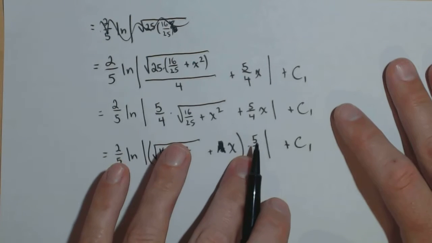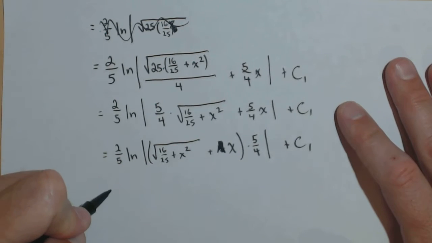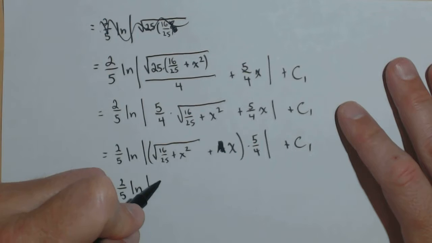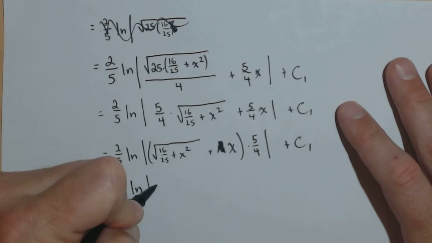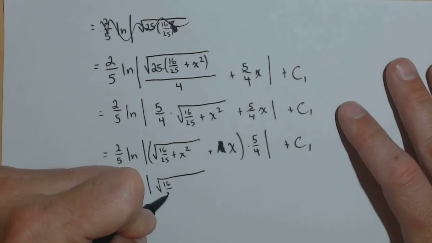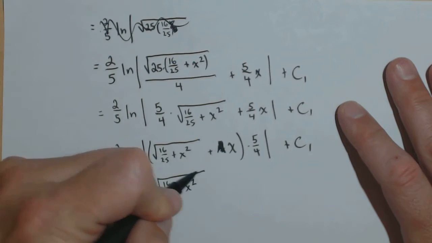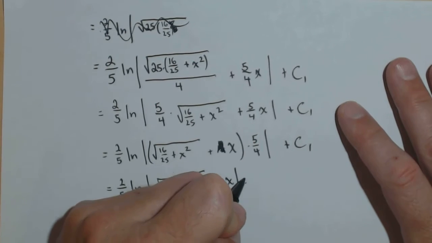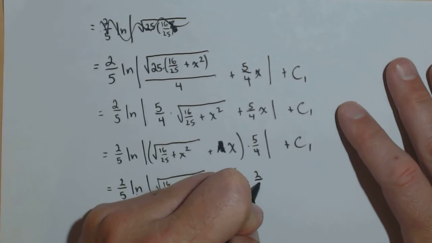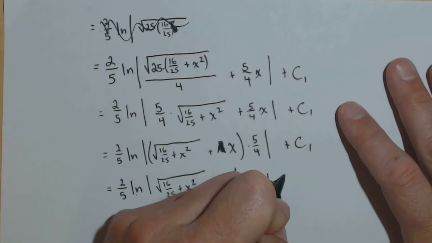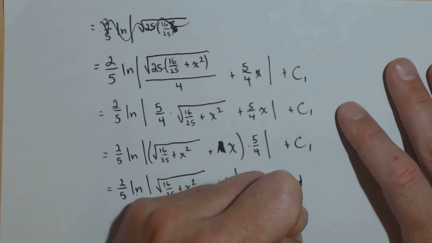Now, by properties of logs, because I've got a product inside the log, I can write that as the sum of two separate logs. So natural log of the absolute value of square root of 16 over 25 plus x squared plus x, that ends that natural log, plus 2/5 from this 2/5 out front, natural log of 5/4 plus c1.